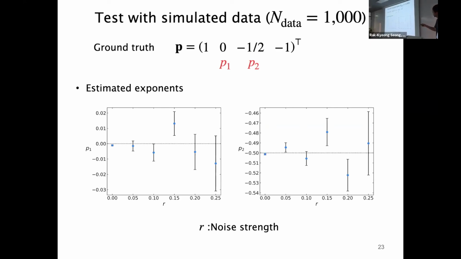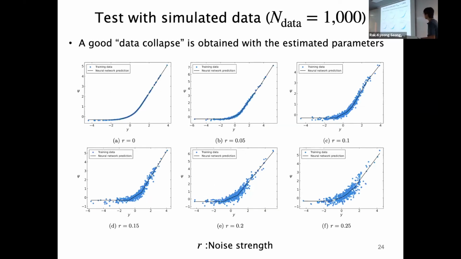So the machine was able to find the right value of this exponent. The machine does not know about the original formula, or anything about the original equation of motion. So the method works for this generated data.